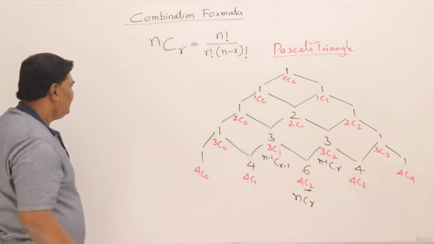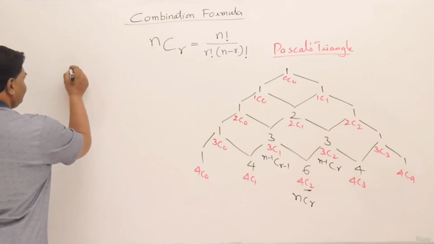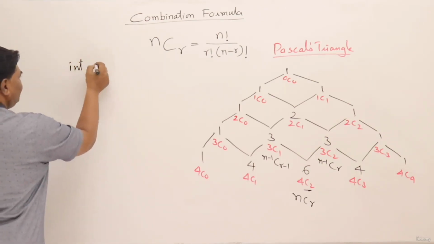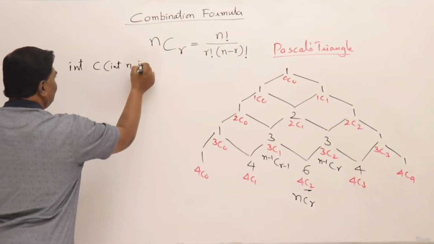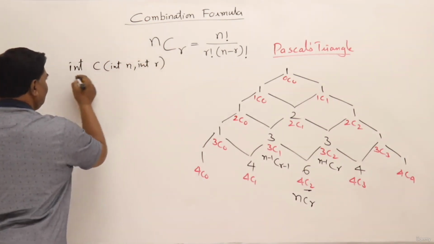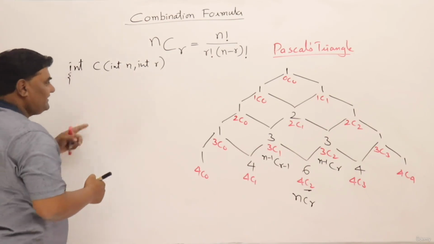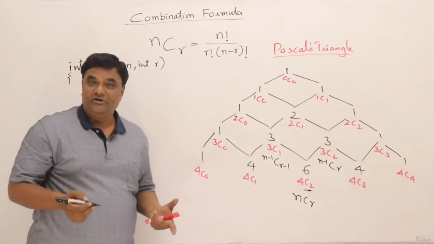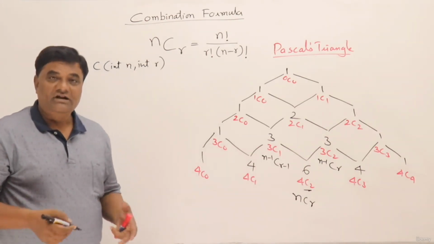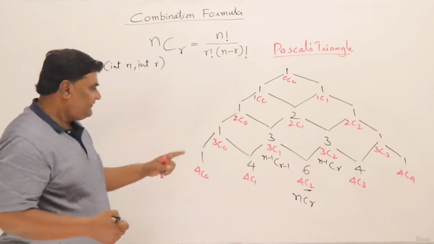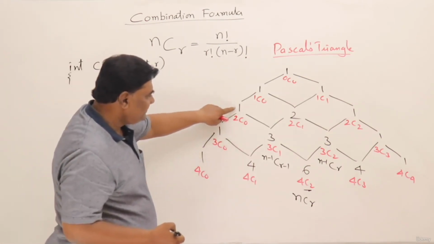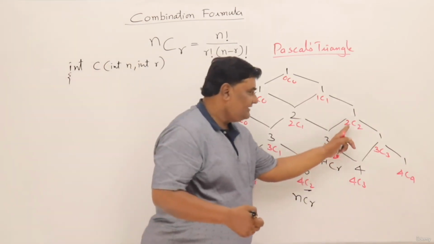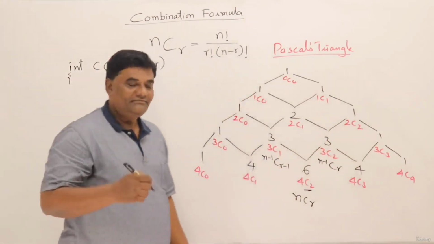So based on that, I can define a recursive function here. Let the function name be c and it takes n and r. Then here for a recursion, I should define a small problem. Means when n is 0 or r is 0, what I should do? So for this, you can see here, when r is 0, return 1. When n is equal to r, return 1.